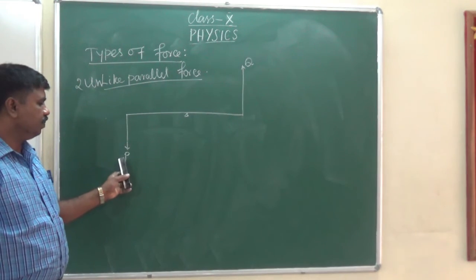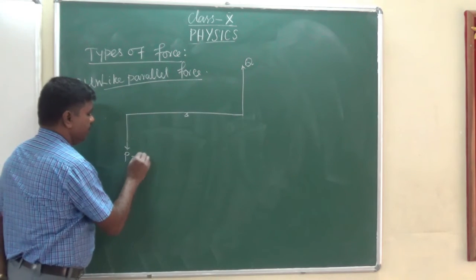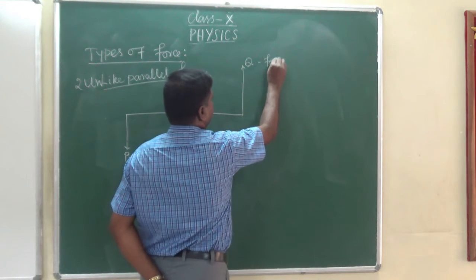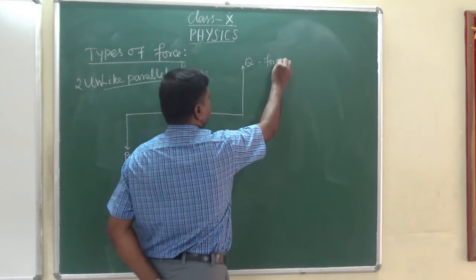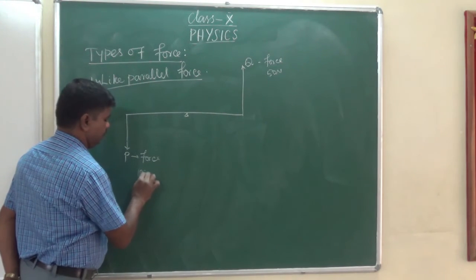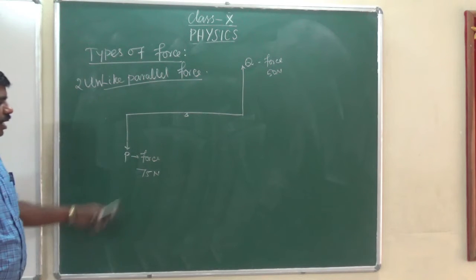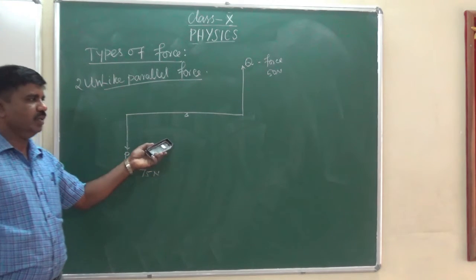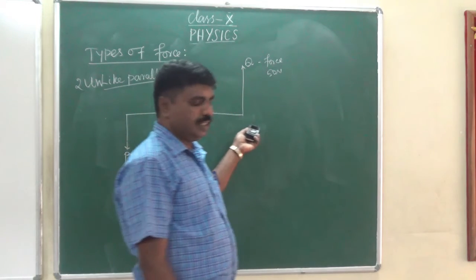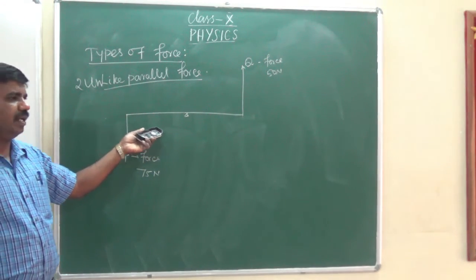See, now, this is P force and then Q force. Suppose for example, this is 50 Newton, it is 100 Newton or 75 Newton. So both the forces are acting in opposite directions. They are parallel to each other. It is called unlike parallel force.